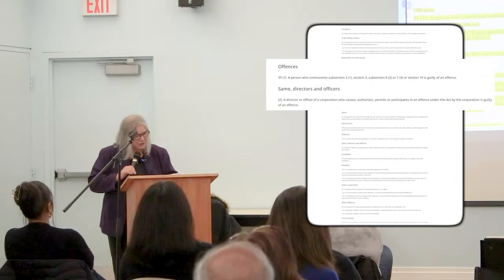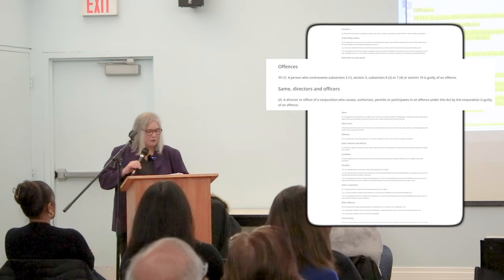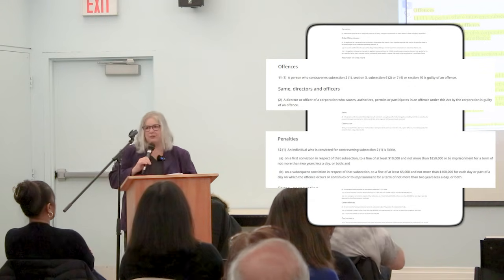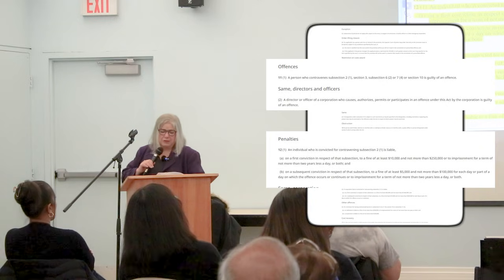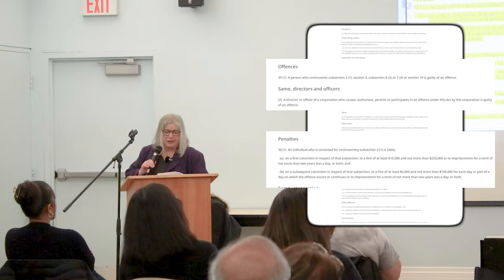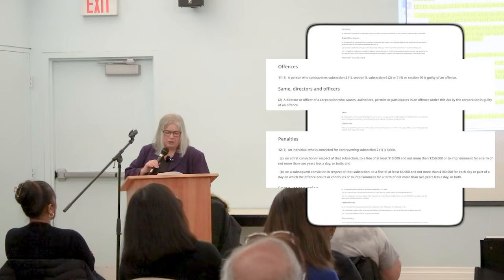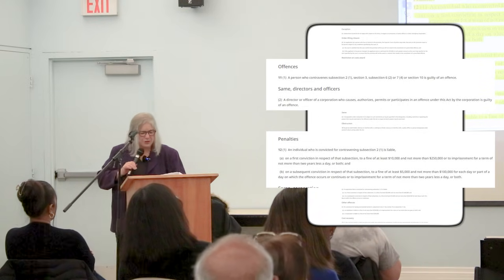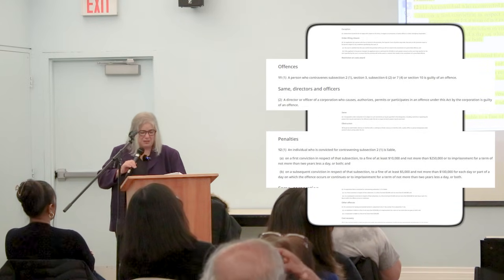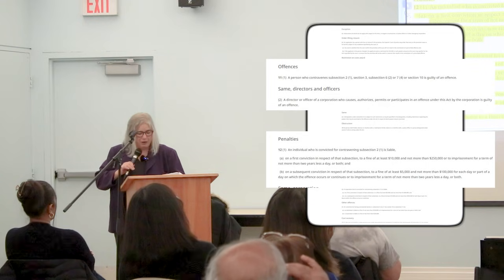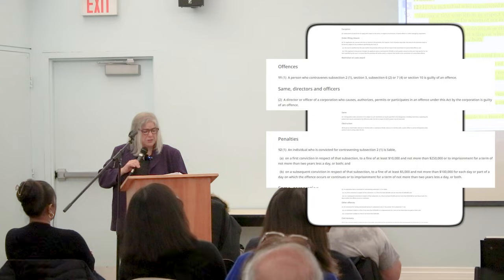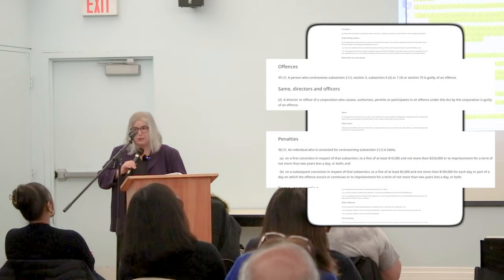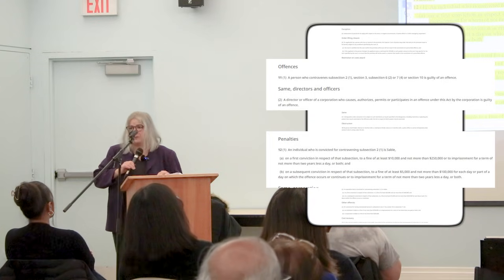So the offenses, if we move slightly to where it says penalties, they're pretty scary. An individual who's convicted of contravening the act on first conviction in respect to that subsection is liable to a fine of at least $10,000 and not more than $250,000, or to imprisonment for a term of not more than 2 years less a day, or both.